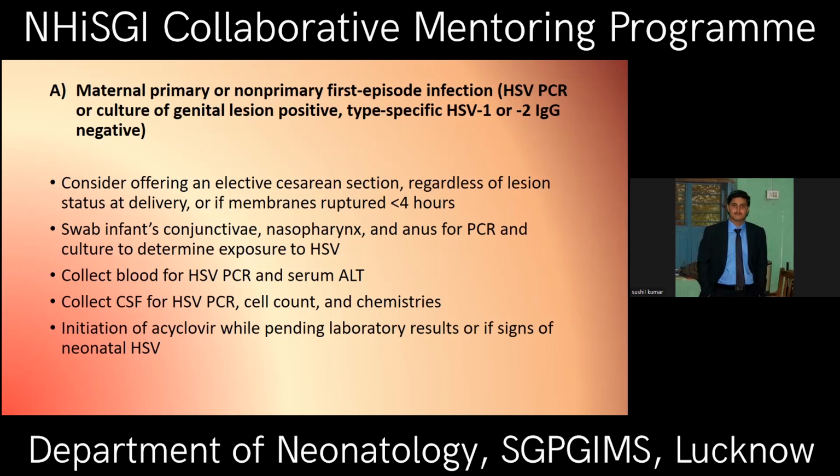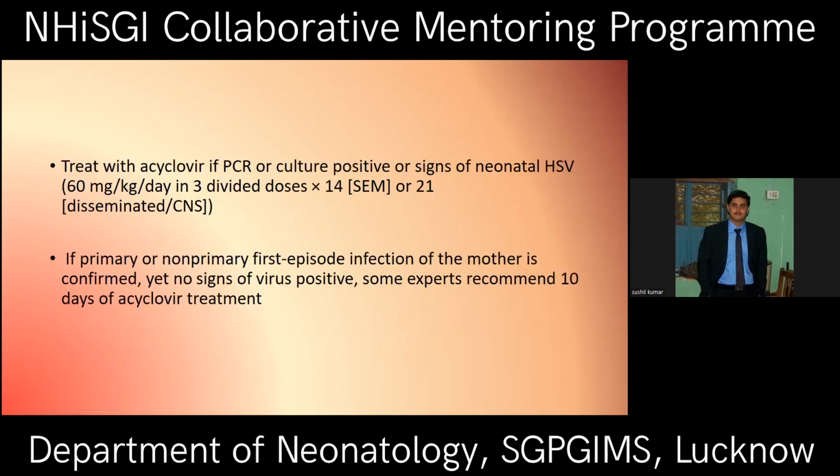If the baby is symptomatic and sick, then initiate acyclovir therapy as soon as possible, awaiting the lab results. Once the lab results are available, depending on the type of neonatal disease, you can treat accordingly.